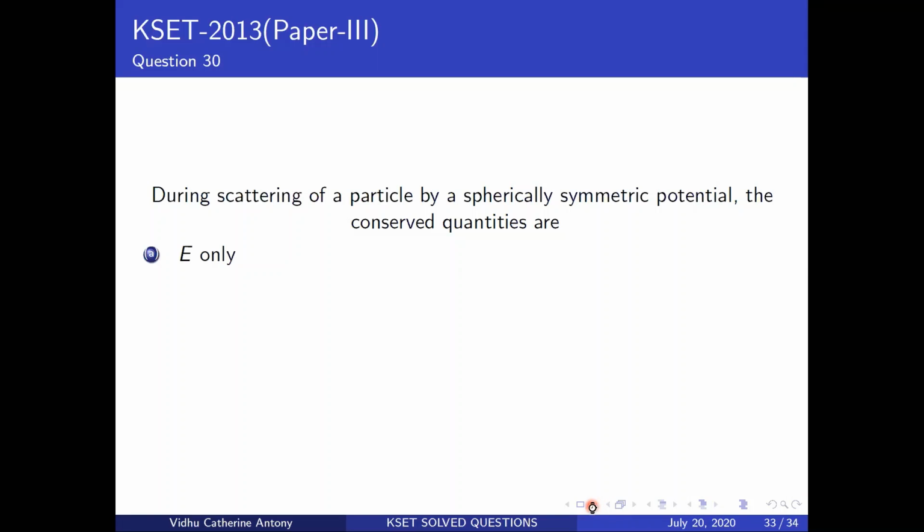So during scattering of a particle by a spherically symmetric potential, the conserved quantities are E only, E squared only, E, Lz, and L squared, Lz only.